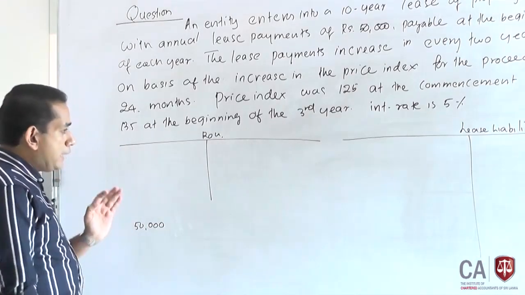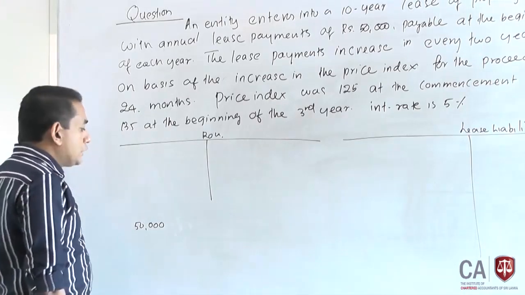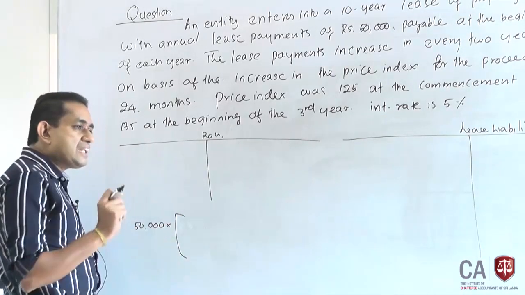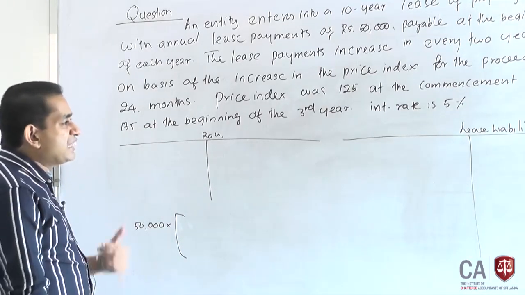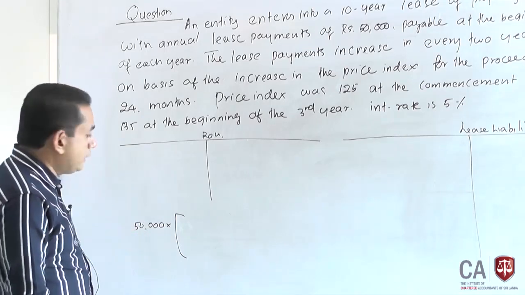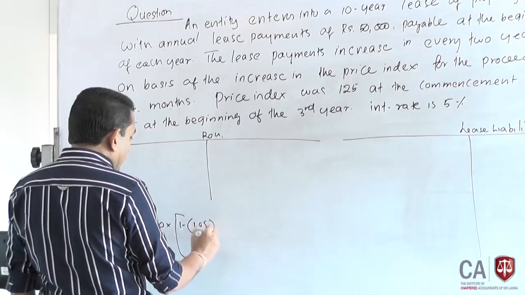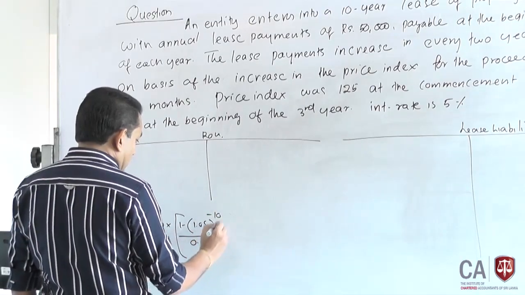So, at the inception of the lease, it has to be 50,000 fixed considerations into the annuity factor. Since the rentals are paid at the beginning of each year, the annuity factor is a little different from the previous method we did. 1 minus (1 plus r) to the power minus n, divided by r.